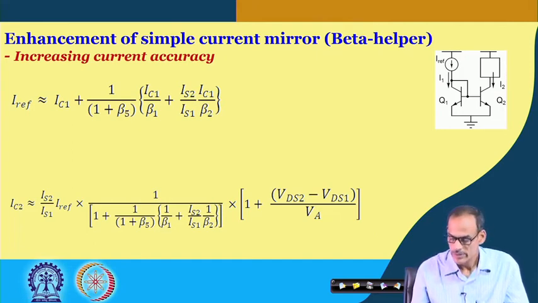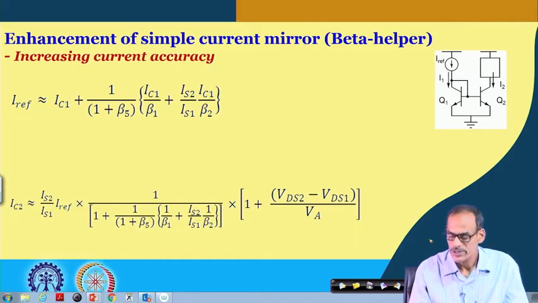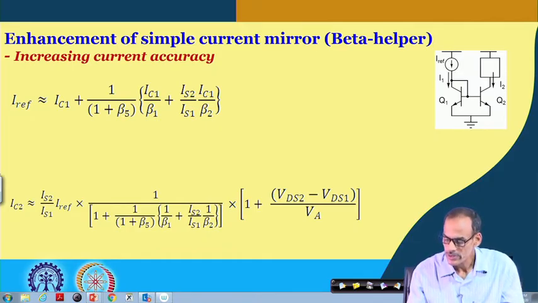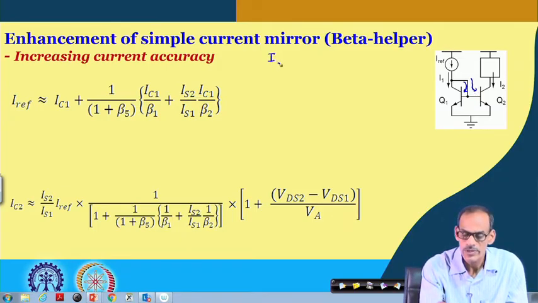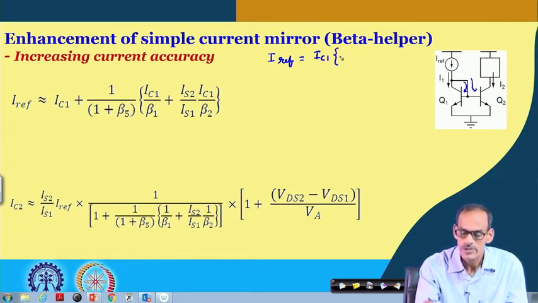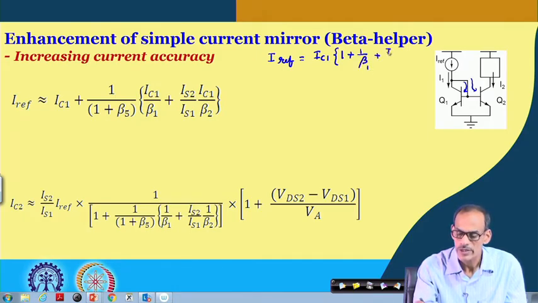You may recall that in the expression of the final current, particularly for the BJT based circuit, there is some loss of the reference current, because it is supplying the IB here and IB here, and the relationship of I reference with IC 1 was I reference equal to IC 1 multiplied by 1 plus 1 by beta 1 plus IS 2 divided by IS 1 into 1 by beta 2.